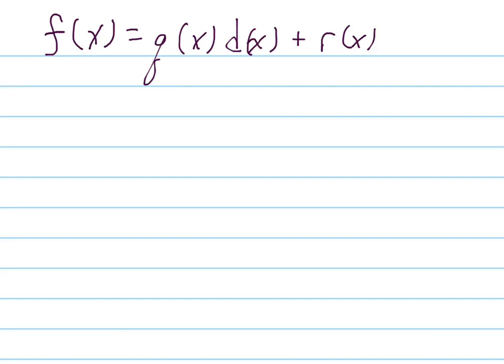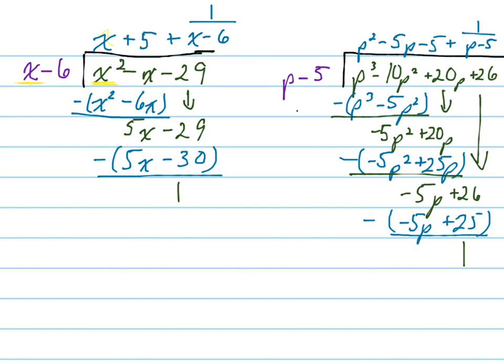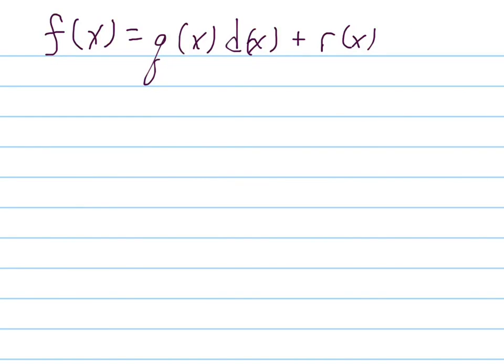There's something you need to keep in mind though. If you're missing a term, so let's look back here. Suppose I had x squared minus 3 divided by x plus 2.